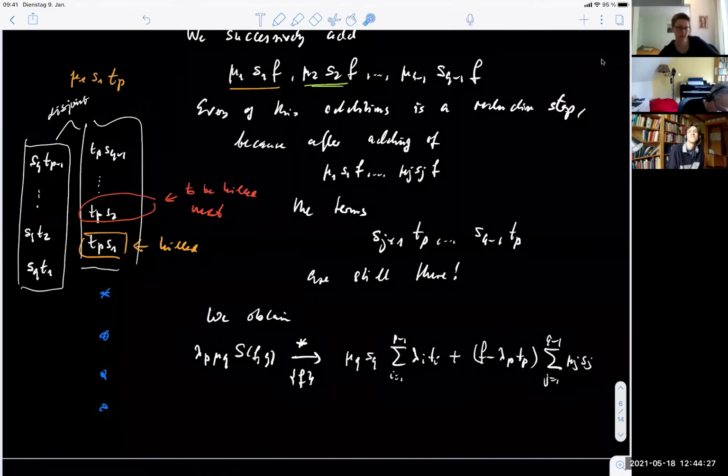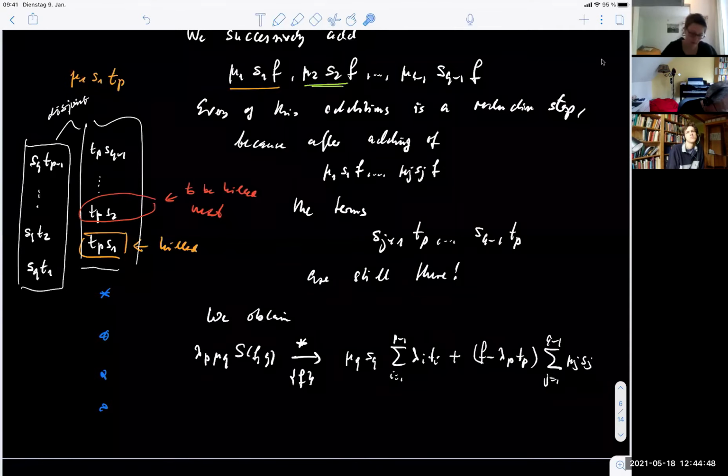May I ask a question? Sure, yes. About the lambdas, actually. I was wondering why, so we are adding mu1 S1F, and we want to kill the term with the orange S1 TP. Yes.